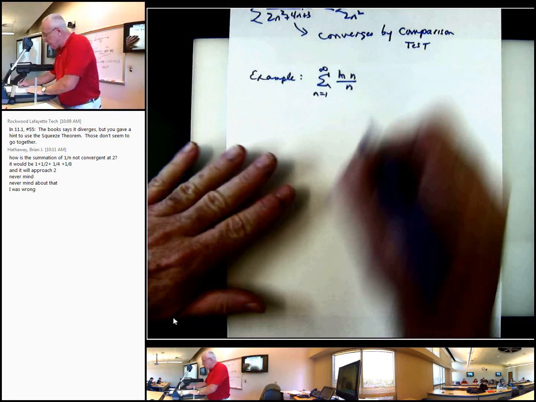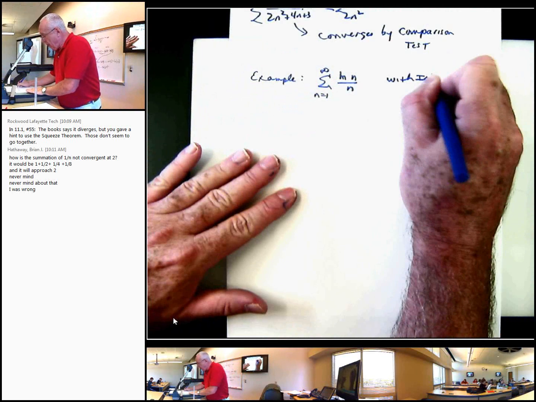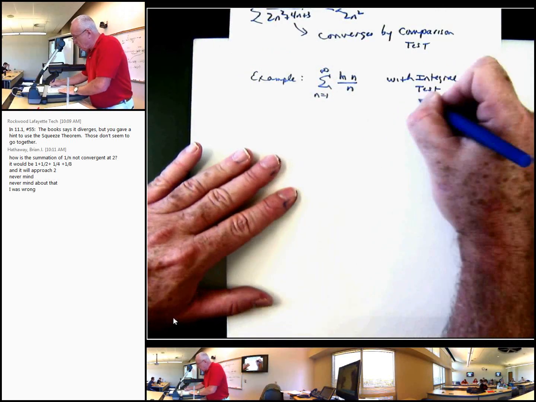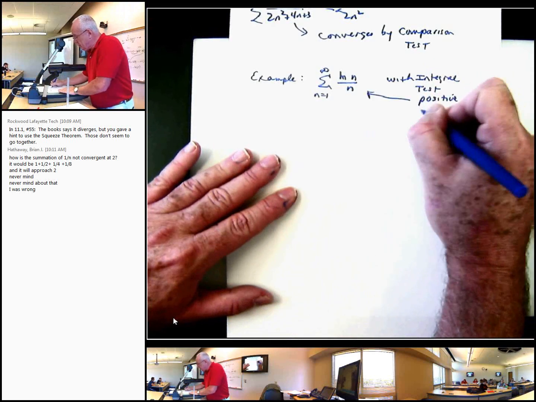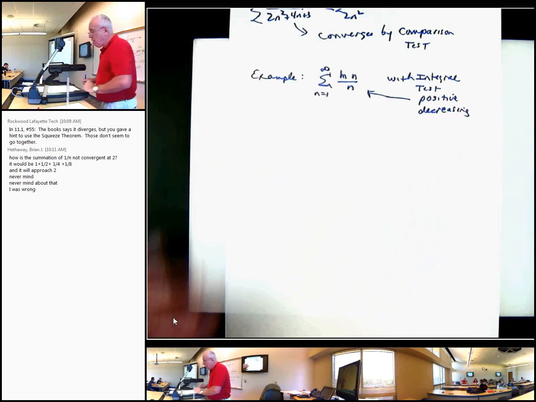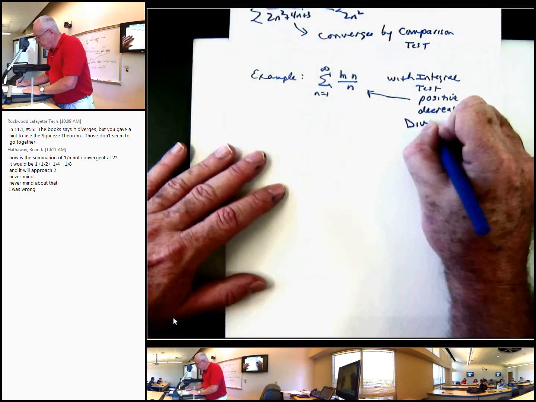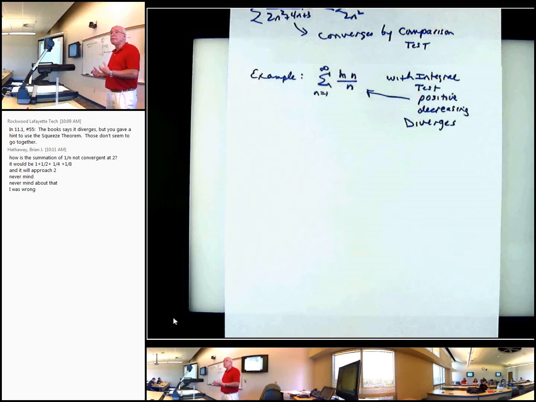We looked at it with the integral test, because these are positive and decreasing. And we found with the integral test that it diverges. Okay. So hopefully we're going to come to the same conclusion.